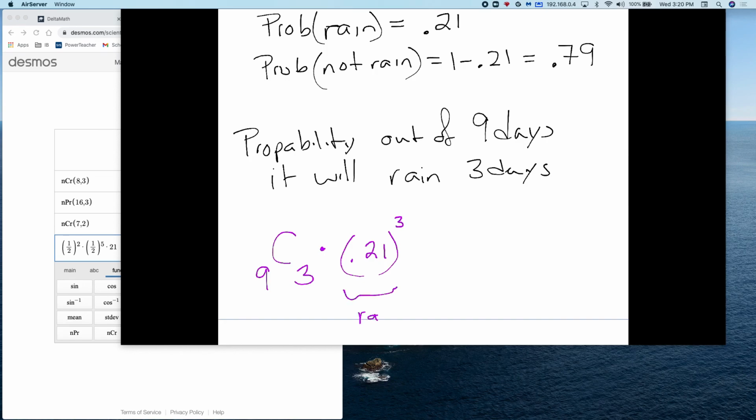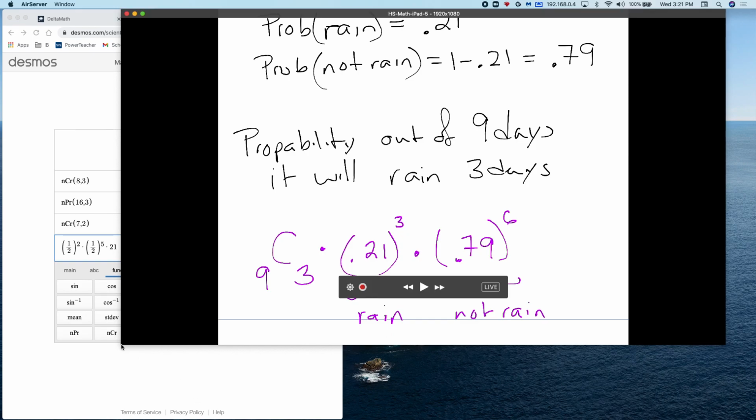So this is the rain days times the 0.79 that it's not going to rain, but that's going to happen 6 days. If we calculate that, that will give us our final answer.